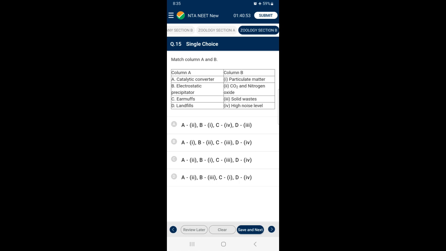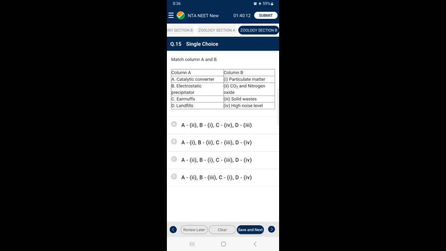Question number 15. Match the following. See column A and column B. Catalytic converter: carbon dioxide and nitrogen oxide. You all know the electrostatic precipitator. It is the most widely used way to remove particulate matter. It can remove over 99% of particulate matter from the exhaust of a thermal power plant. Scrubber can remove gases like sulfur dioxide.